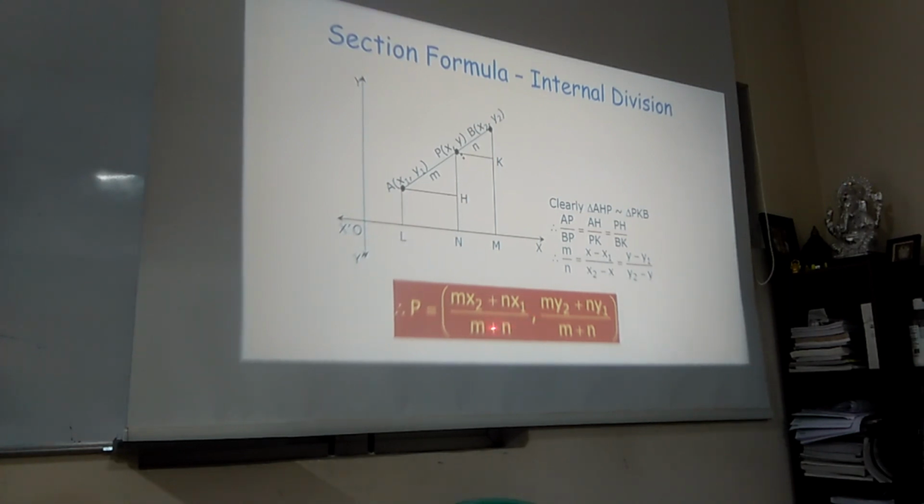Then for the y coordinate, what will it be? m of y2 plus n of y1 divided by m plus n. Clear? This formula is very important.